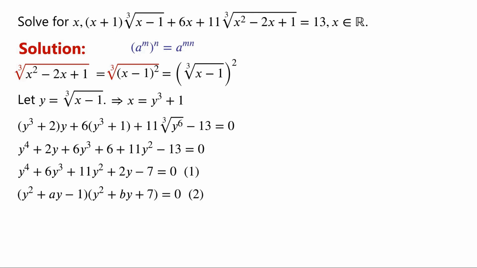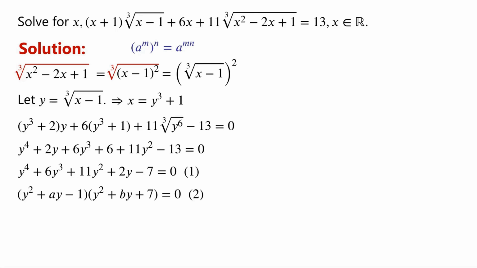Note that, since the constant term of the quartic equation is negative 7, we try factoring it into quadratics, with constant terms negative 1 and 7, or alternatively 1 and negative 7. Here we try the former first. Label this as equation 2.